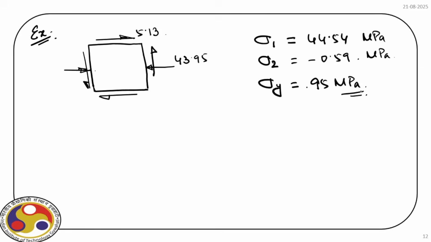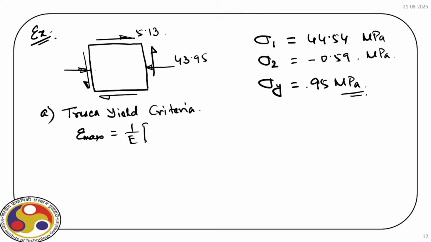So what we do, we apply the Tresca yield criterion. For that, if you recall, this maximum value is 1 by E times sigma 1 minus nu times sigma 2 plus sigma 3, and that should be greater than sigma y by Young's modulus, right?